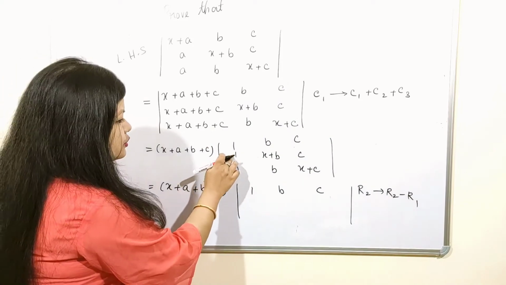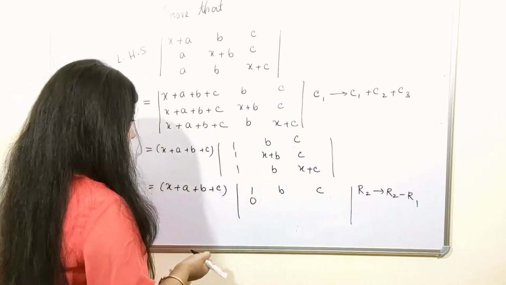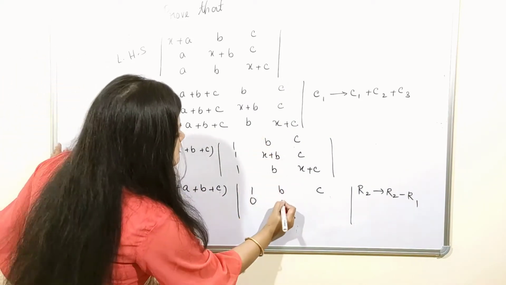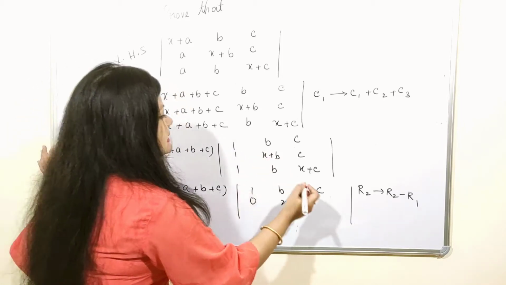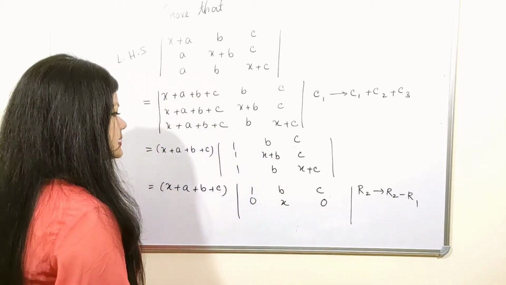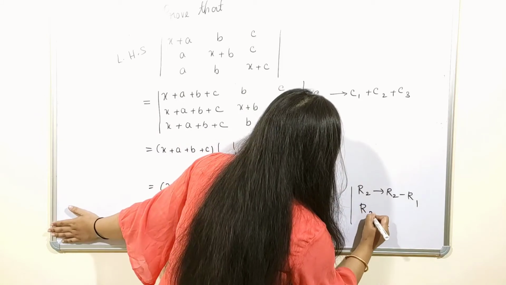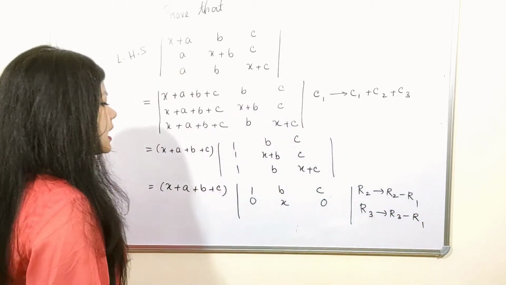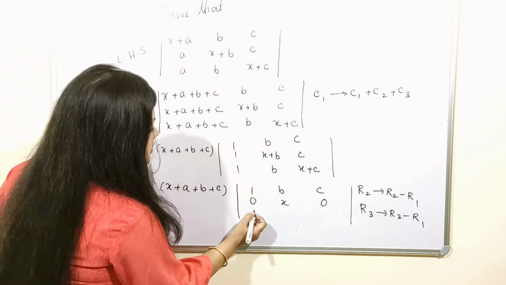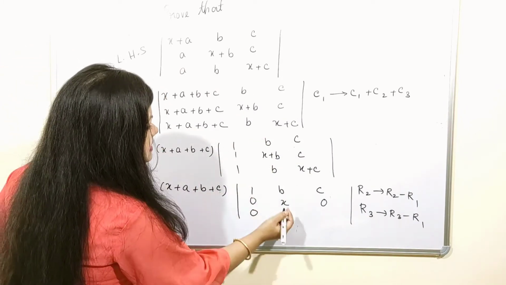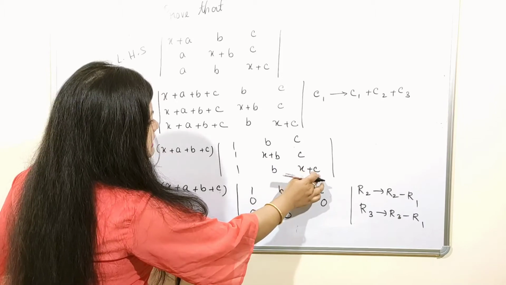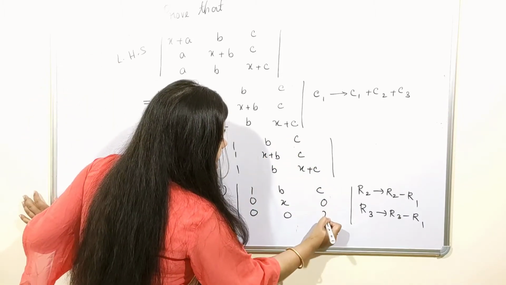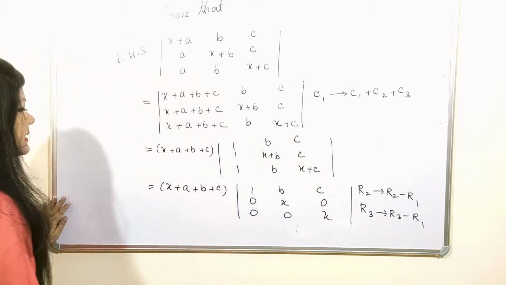Then it becomes 1 minus 1 equals 0, x plus b minus b equals x, c minus c equals 0. Then R3 is replaced by R3 minus R1, that means 1 minus 1 equals 0, b minus b equals 0, x plus c minus c becomes x.